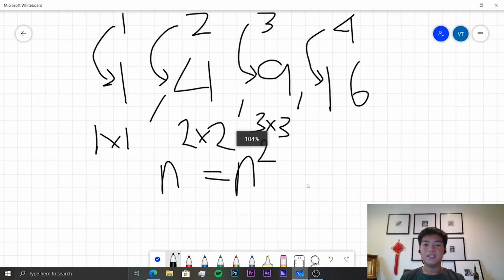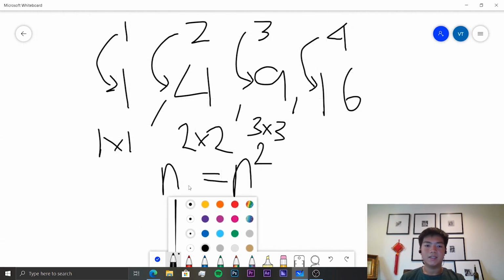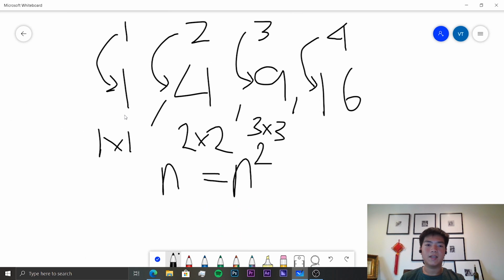Okay, sequences can also be finite or infinite. A sequence being finite means that it starts at a number and stops at a number. For example, this sequence we have over here starts at 1 and stops at 16.